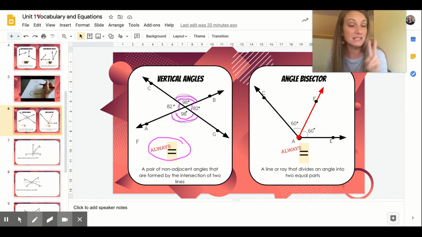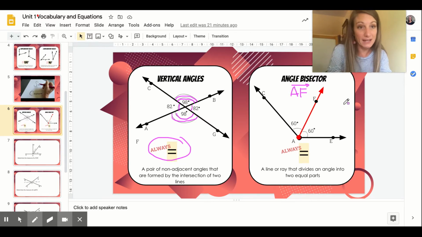It bisects it, divides it into two equal parts. So this ray right here, ray AF, remember we can't name it ray FA, have to name the end point first. Ray AF is your angle bisector, and it divides angle CAE into two equal angles.